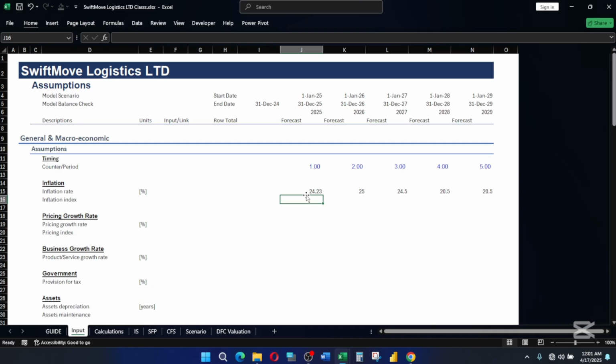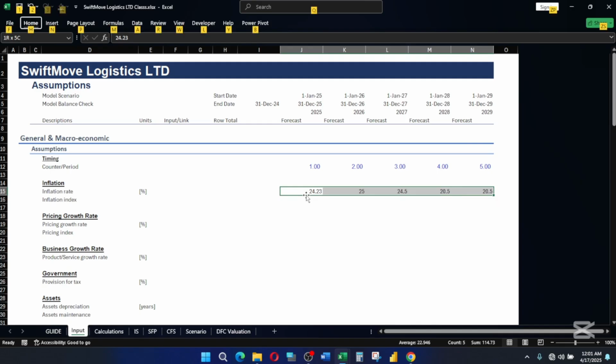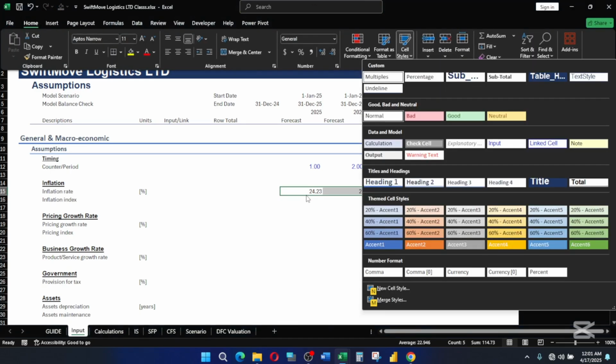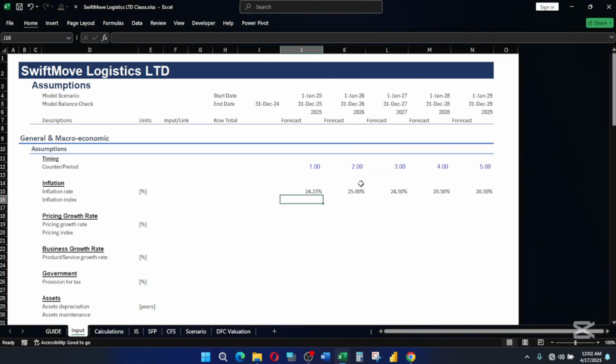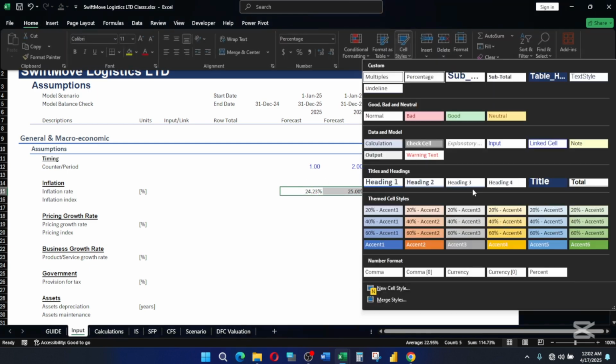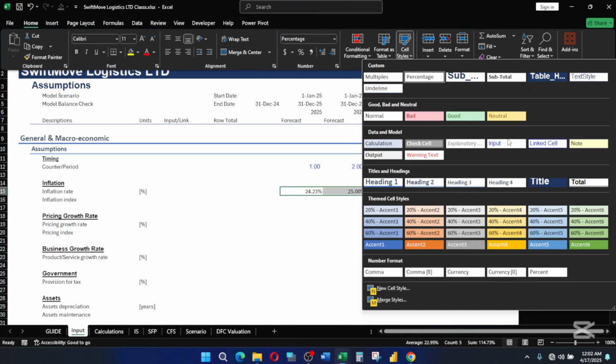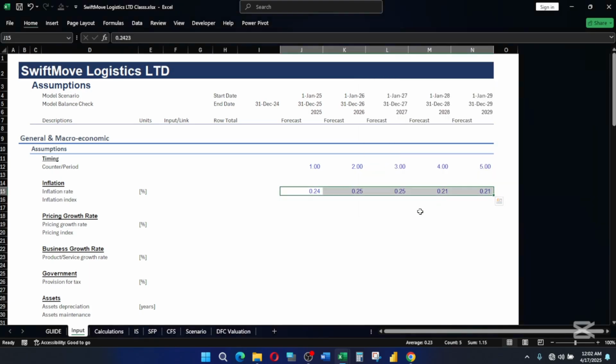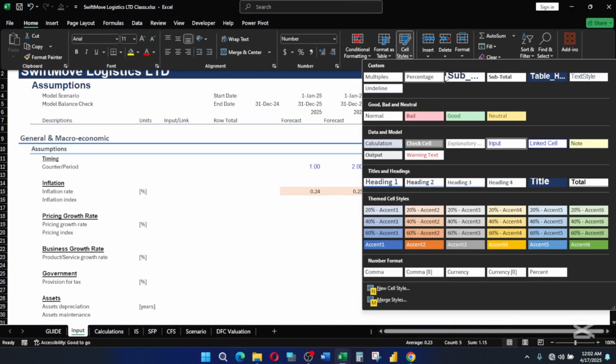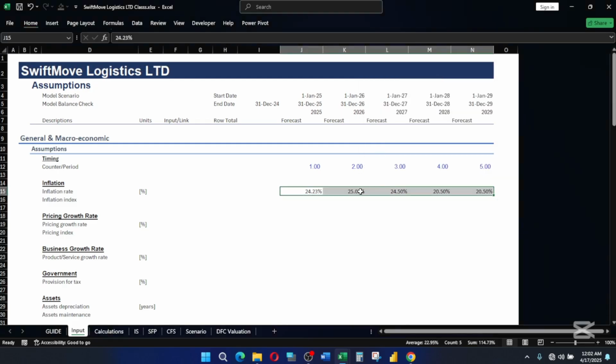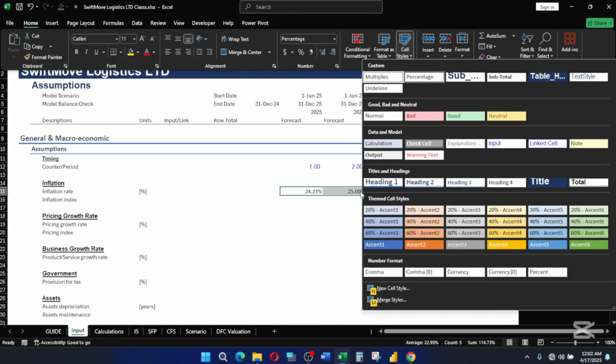So what we are going to do right now, first of all, let's give this our style. If you select it, Alt HJ, then percentage. All right, so this is our percentage, and we are going to give it our inputs style. Now we can go back and give it a percentage. Why? It has to be on our input.